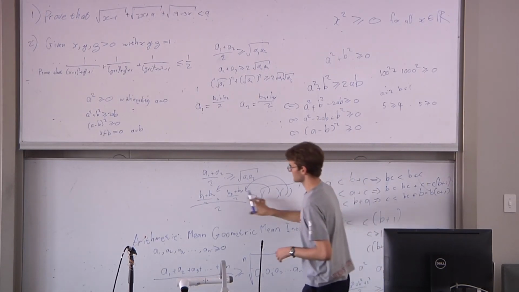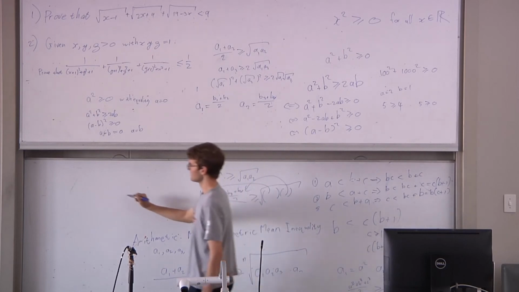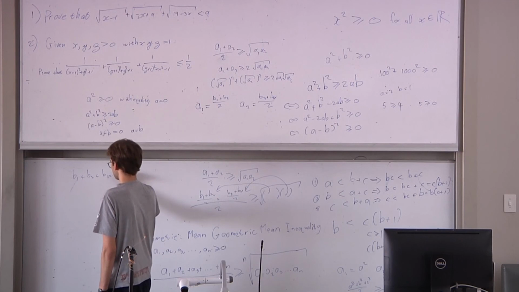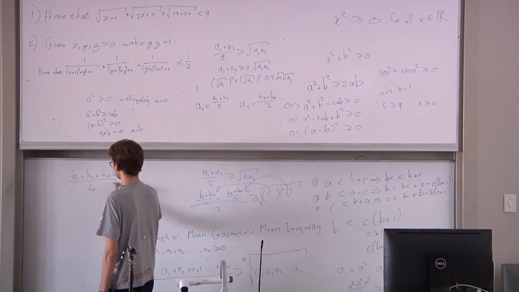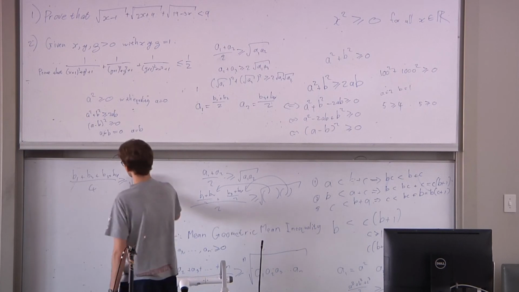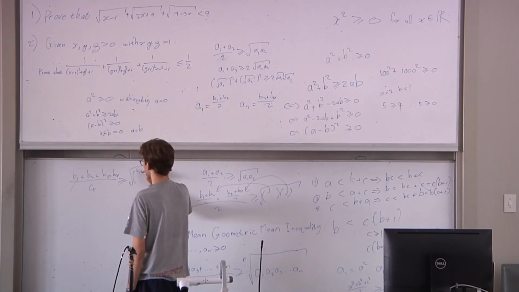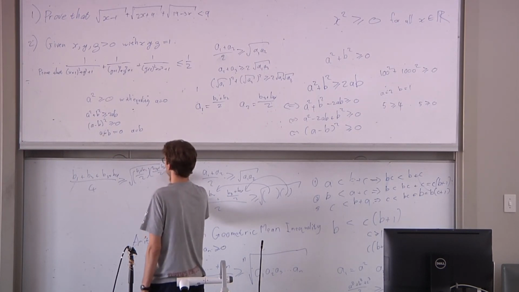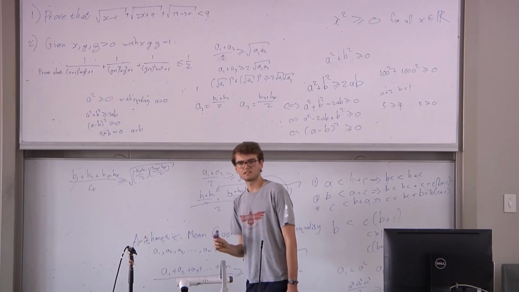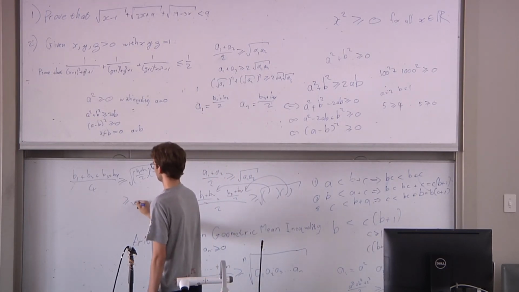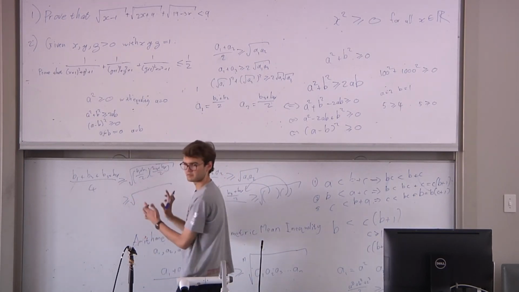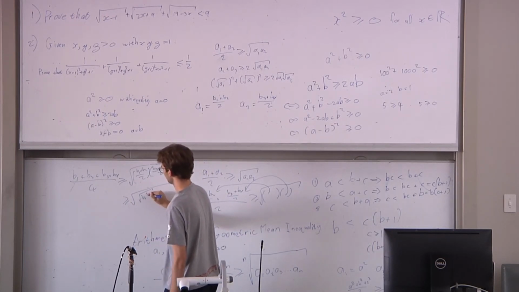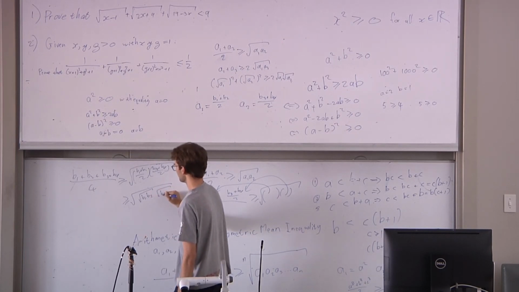And if you simplify this, you get (b1 plus b2 plus b3 plus b4) divided by 4 being greater than or equal to the square root of (b1 plus b2) over 2 times (b3 plus b4) over 2, which is in itself greater than or equal to the square root of, and you apply AMGM again on that to get the square root of b1 b2 and the square root of b3 b4.